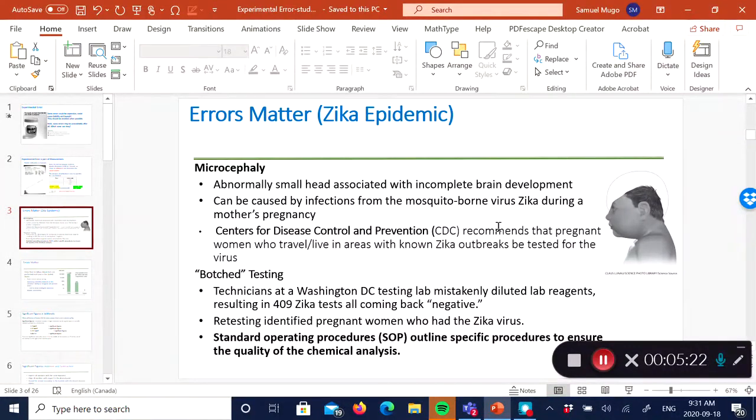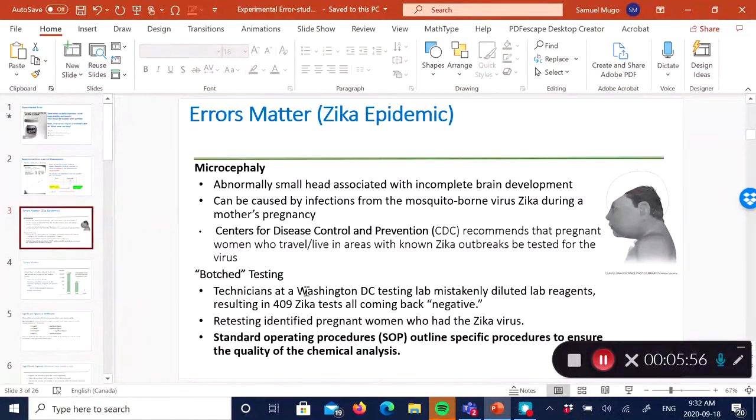The CDC recommends that pregnant women who travel or live in areas prone to mosquitoes that carry the Zika virus should be tested for that virus, so that the babies are not affected by this condition called microcephaly, where babies are born with extremely small heads, resulting in problems with brain development.